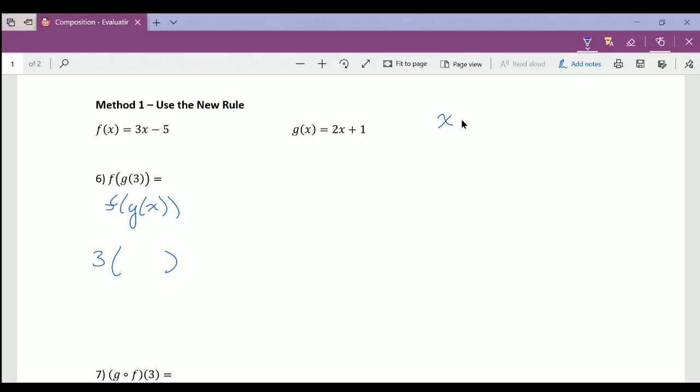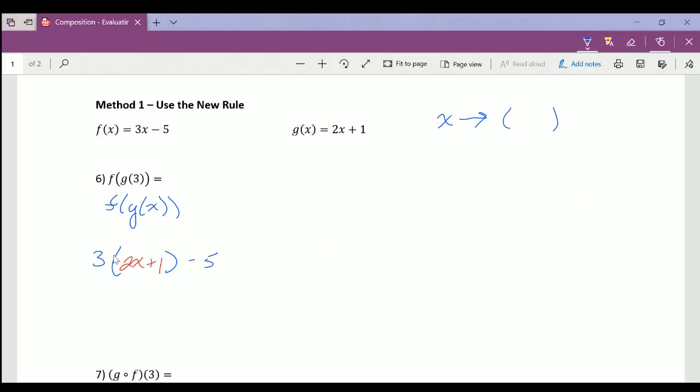Remember, that was a big idea before. x becomes empty parentheses. So we've got 3x minus 5, and we'll put g of x in there, so that's 2x plus 1.